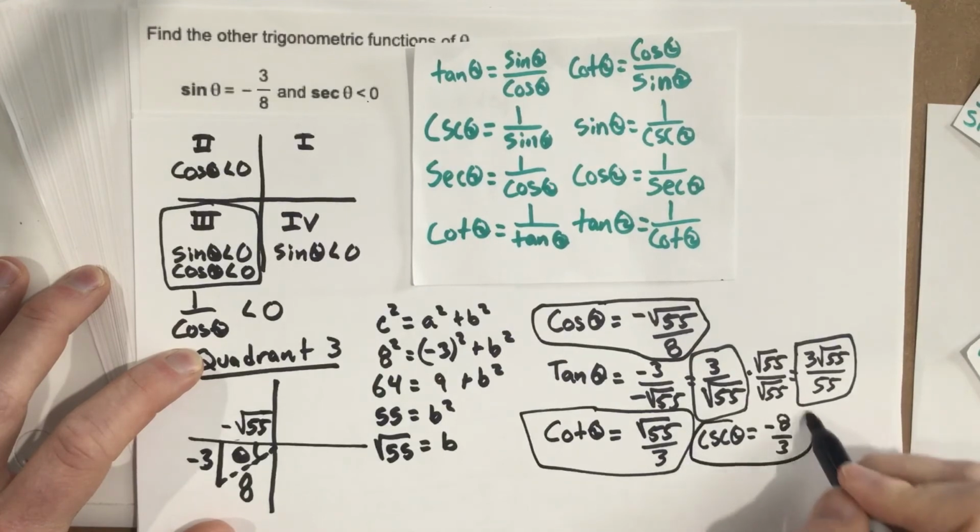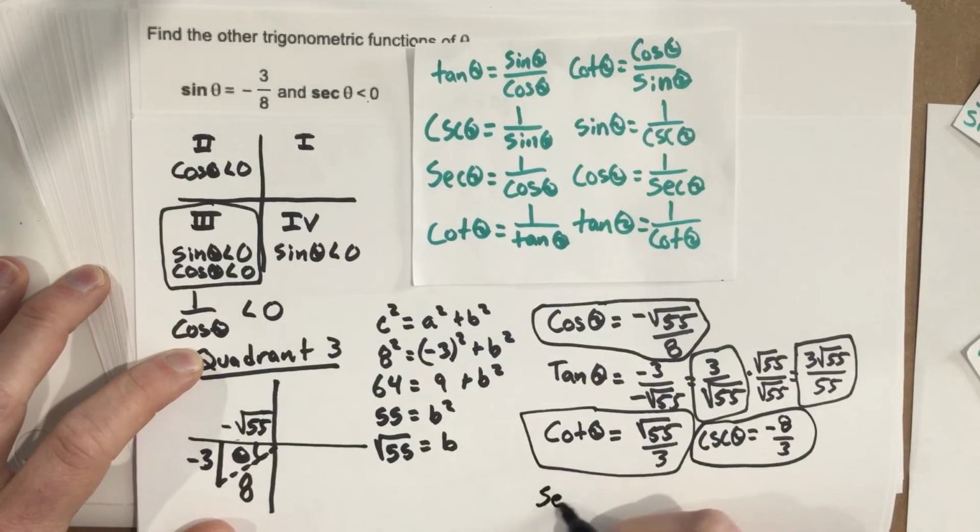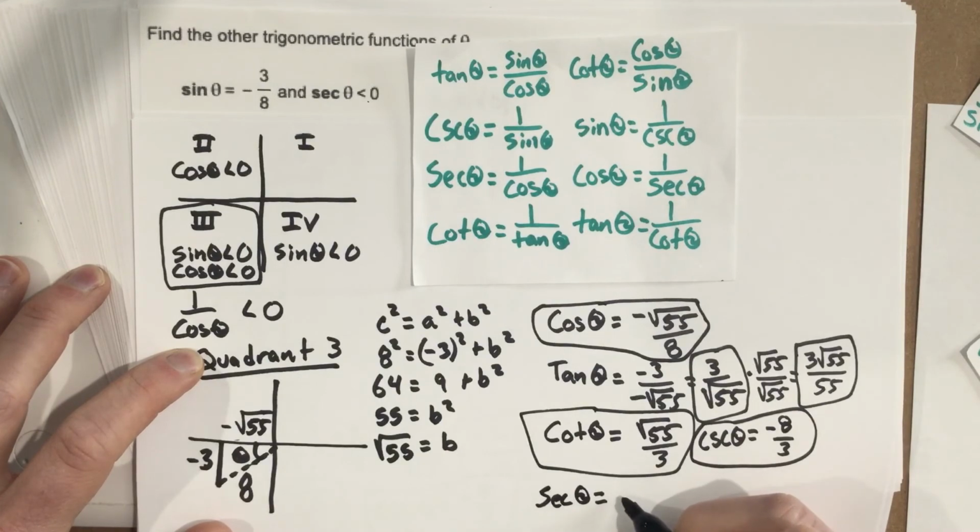And then finally, we can say that secant theta, we know secant theta is 1 over cosine, and cosine's negative root 55 over 8. So that is negative 8 over root 55.